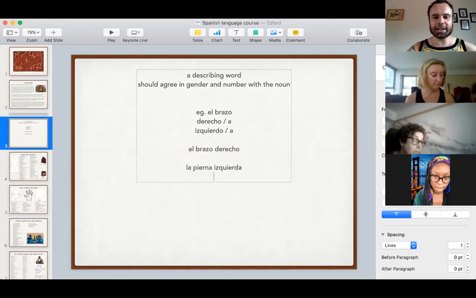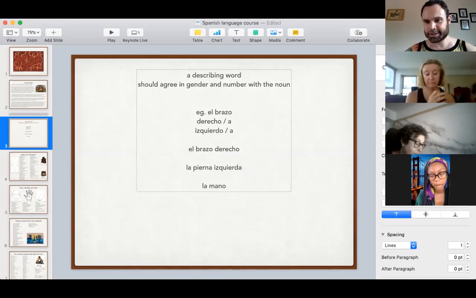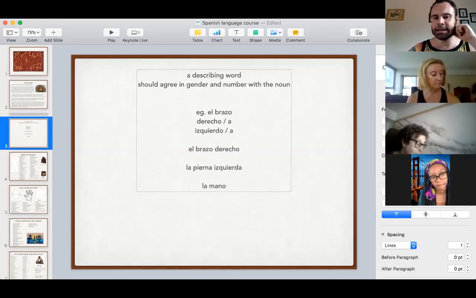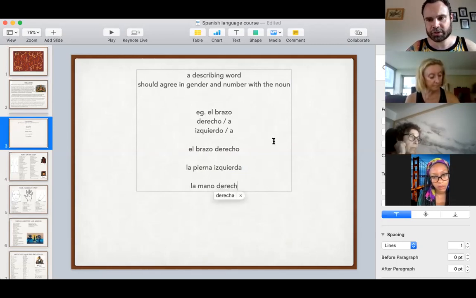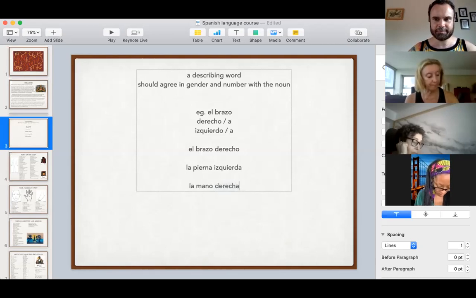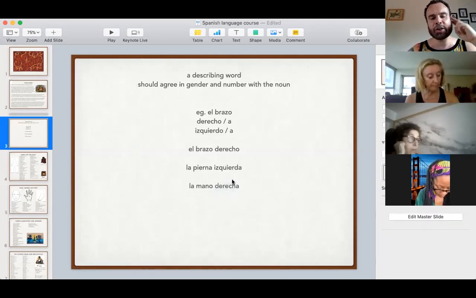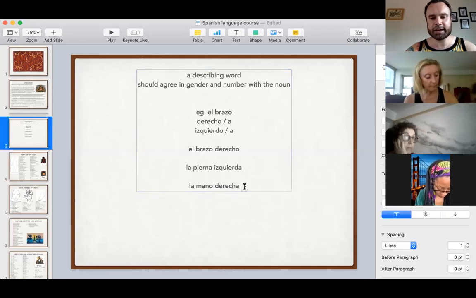Then you've got words like la mano. Is la mano masculine or feminine? Feminine. So we need to say derecha. So la mano derecha and la mano izquierda. That catches a lot of people out.